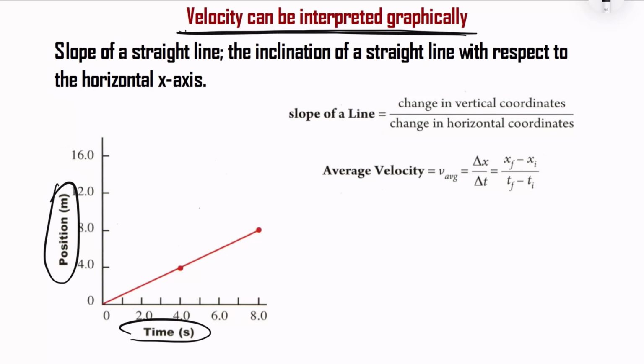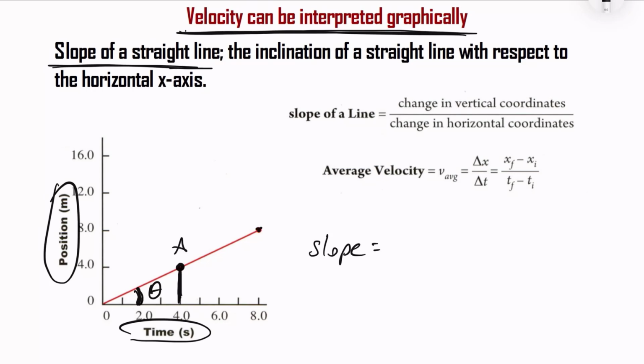And we can calculate it from the slope of the line. That slope you have studied in math. If you take this angle, what is the slope? It is opposite over adjacent. For example, let's talk about point A and point B.